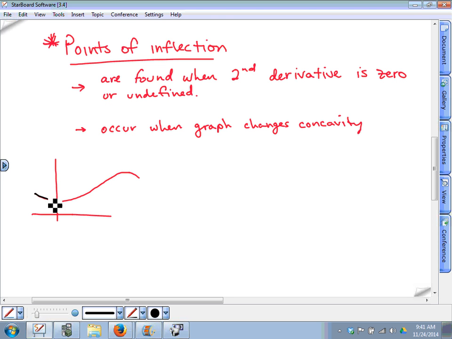This part of the graph right here, would you call that concave up or concave down? Upwards. Is it a smiley face or a frowny face? It's a smiley face. So that's concave up. This is concave up. Okay? This part of the graph right here, that's concave down.